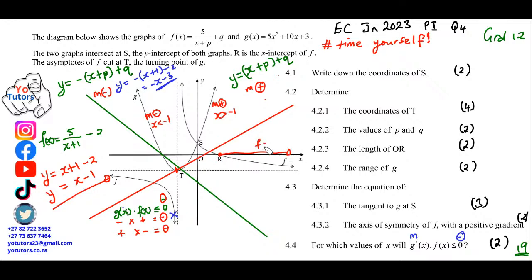Here f(x) is actually negative, but the derivative of g is positive. So we are saying from this point here up until infinity, that's what defines your answer. So here the answer should be x greater than or equal to 1.5, or 3/2. Okay.